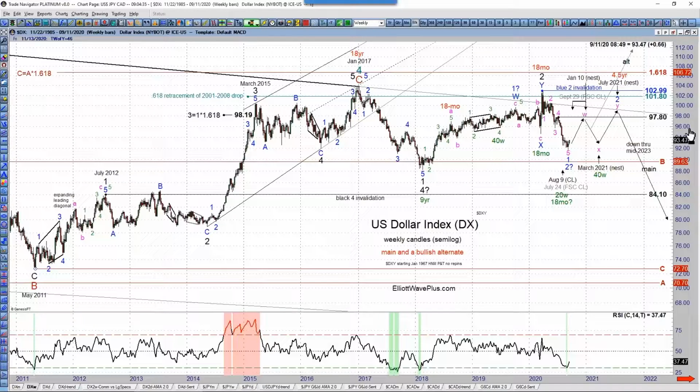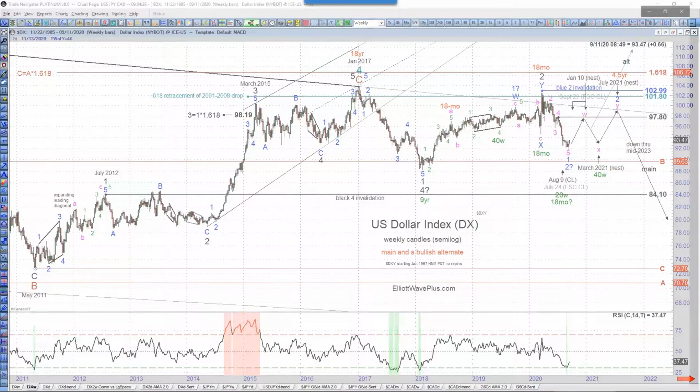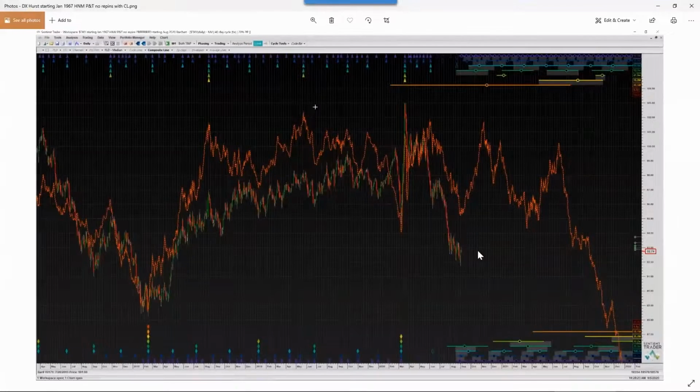And the reason I say that is because of cycle analysis. I use two different tools for cycle analysis. One is Sentient Trader software, and it uses the cyclic analysis methodology of J.M. Hurst. And this is a roadmap of the U.S. dollar index using that software, and the software was able to look at data all the way back through January of 1967.